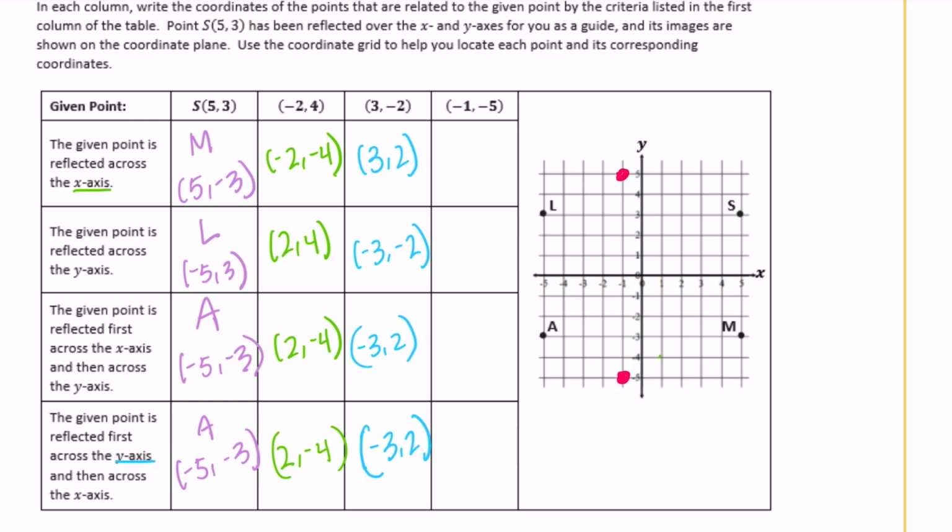We would end up back up here because we go 1, 2, 3, 4, 5 away to get to the x-axis and then reflect it the same number of spaces. That would be -1, 5. If the point is reflected across the y-axis, I would then just move it right over here, and that's 1, -5.